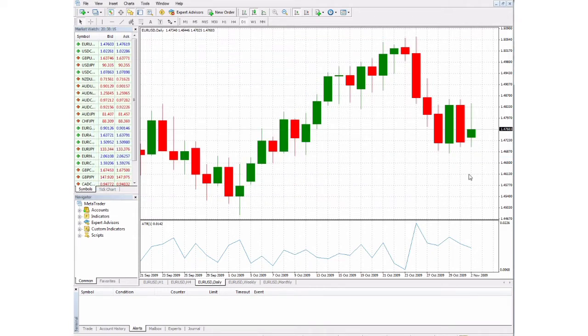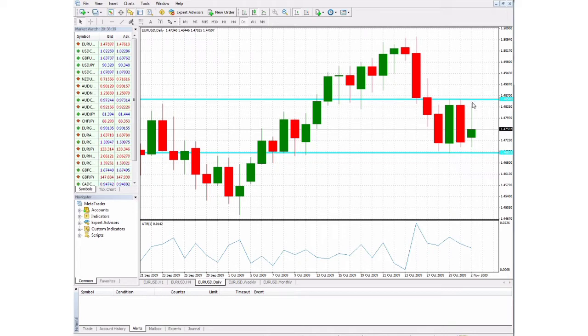Okay. If you're looking for the last, say the last 3 days, not including the current day, take a look here. That's the highest high. That's the lowest low, basically. So that's the channel right there.